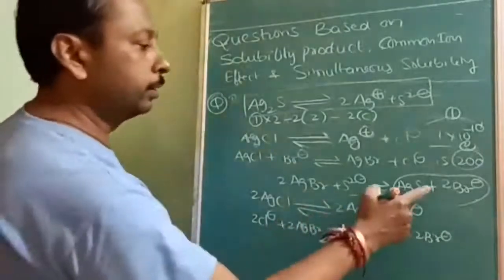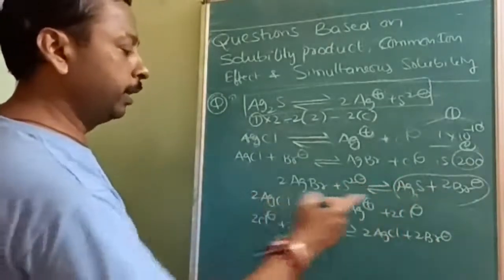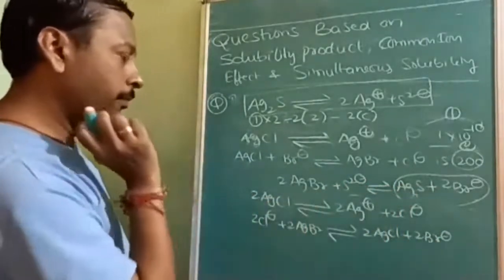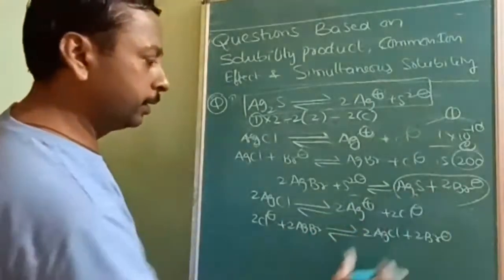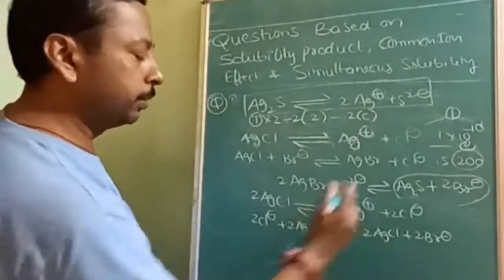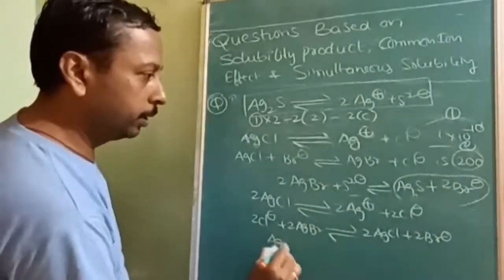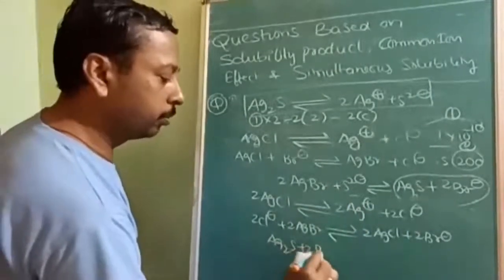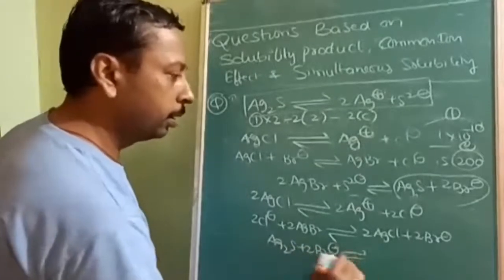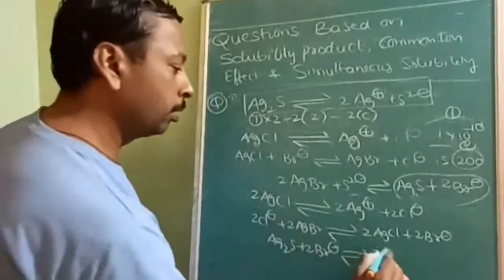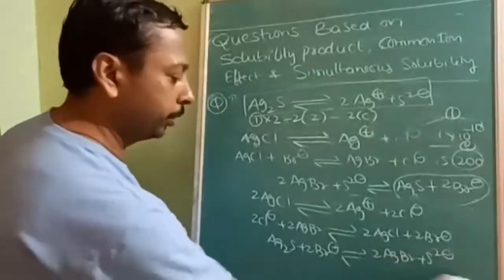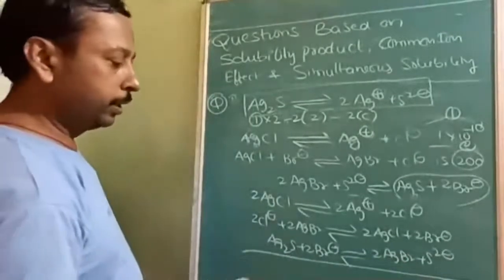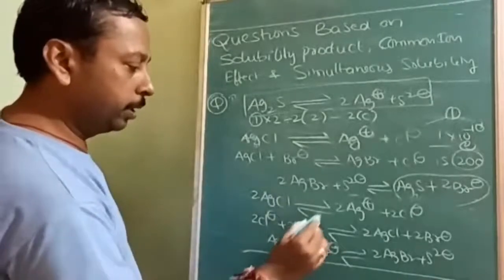Now equation 3 also needs to be handled. As it is, if we are subtracting like this: Ag2S plus 2Br minus reversible 2AgBr plus S2 minus. See, what things get cancelled?